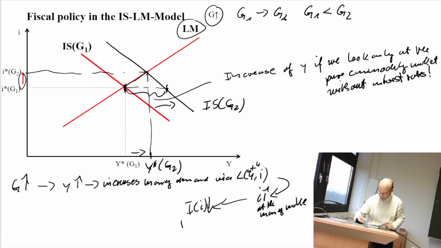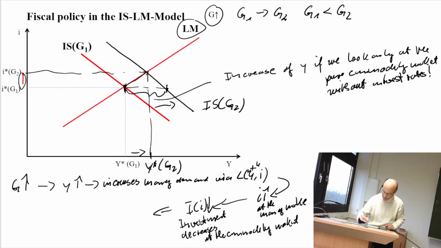So investment decreases at the commodity market, and overall Y has to fall a little bit compared to the first increase.